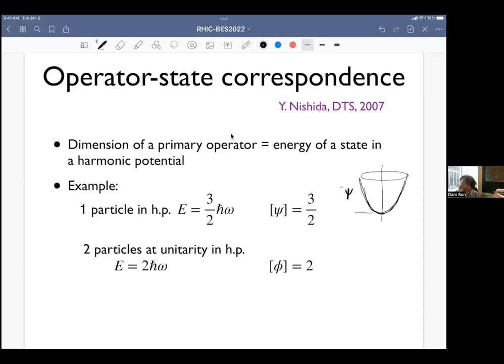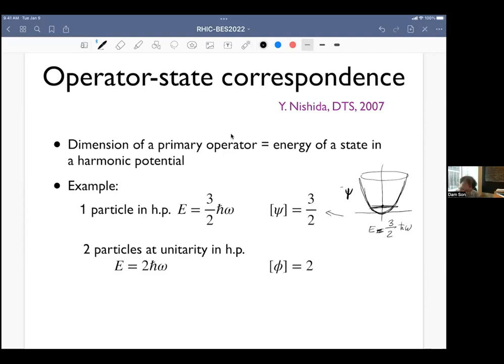We know that the ground state energy is 3/2 h bar omega, where omega is the frequency of this harmonic oscillator, and that corresponds to the dimension of the operator being equal to 3/2.